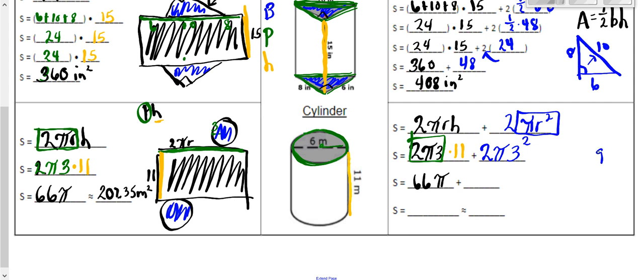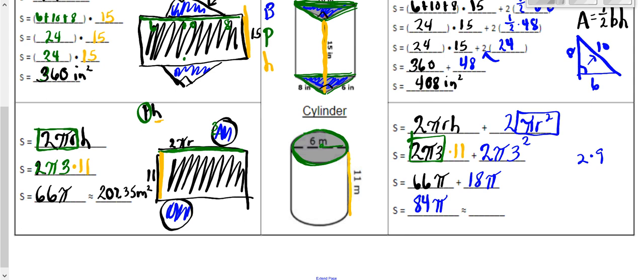See, 3 squared is 9 times 2, that's 18. So 18 pi. Well, 66 and 18 pi. I'm going to add 66 and 18. And now I have 84 pi.